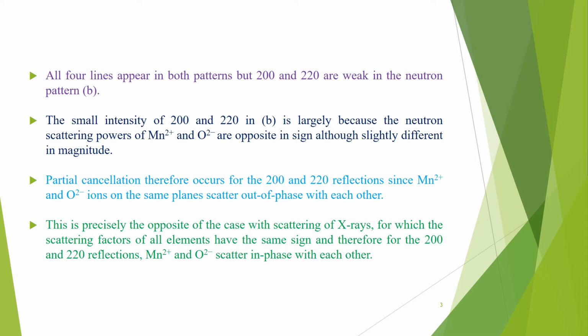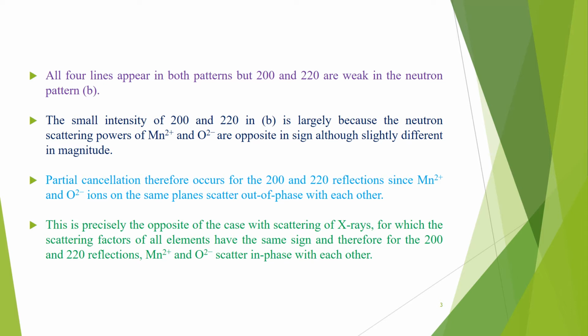The small intensity of the planes 200 and 220 in B is largely because the neutron scattering powers of manganese and oxide are opposite in sign, although slightly different in magnitude.